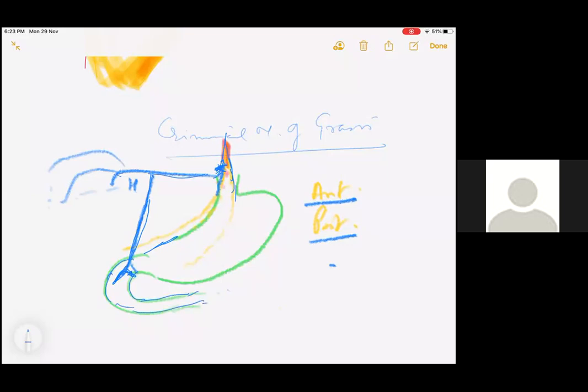So if you've done a truncal vagotomy, then you need to add something to it. Either you make the pylorus wider, which is called pyloroplasty, or you do what is called a gastrojejunostomy, which you've all heard.